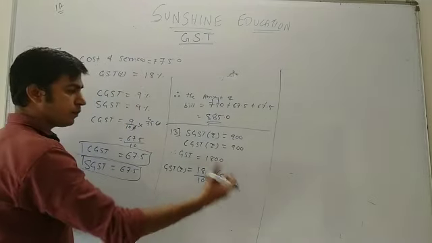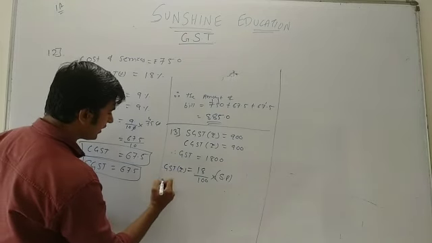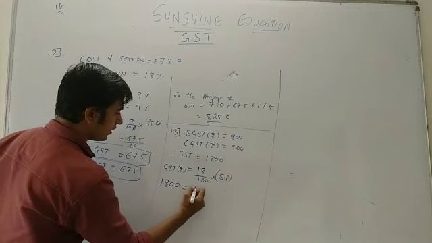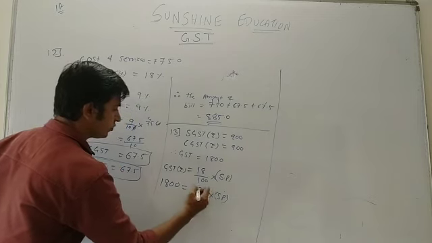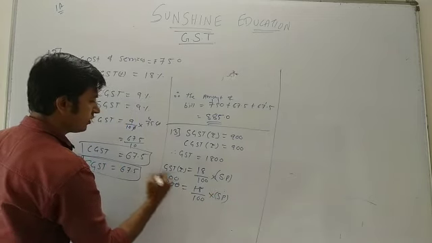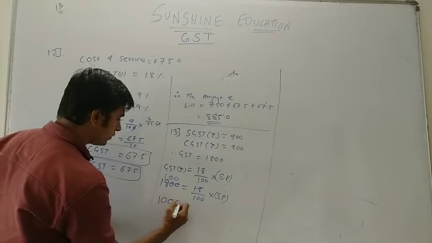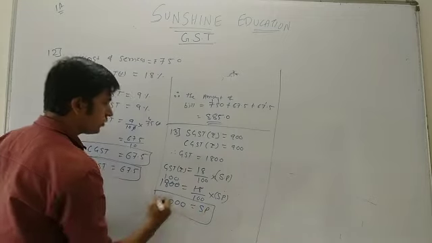Premium is the amount paid, that is the selling price. GST is 1800, then 18 upon 100 multiplied by selling price. So the selling price is 10,000.